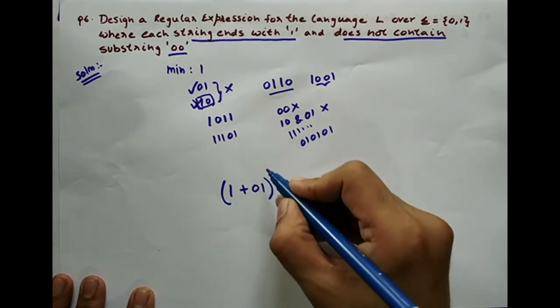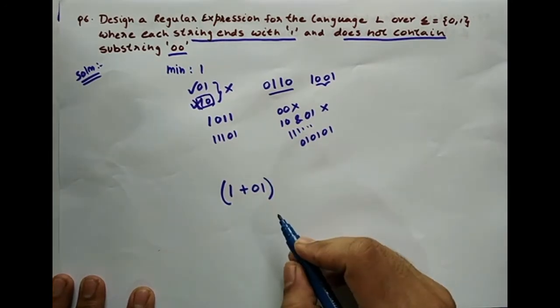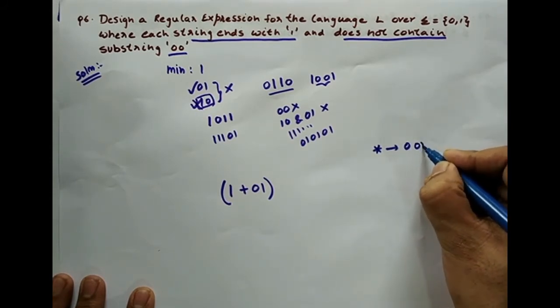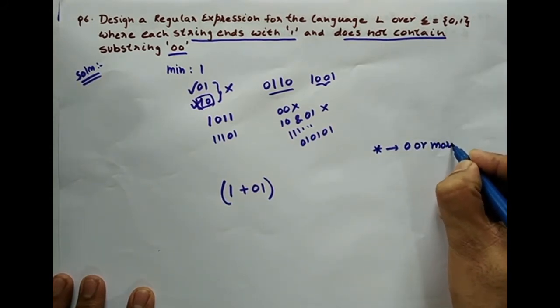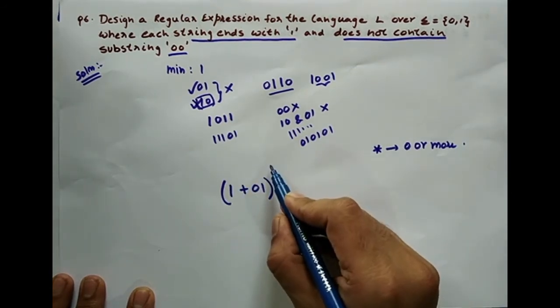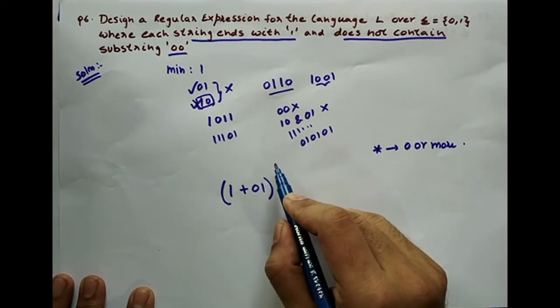Now the question is, should I write star on top? What is the meaning of star? Star means 0 or more times, which means if this sub expression has star on top of it, it means this expression can be repeated 0 times or more.